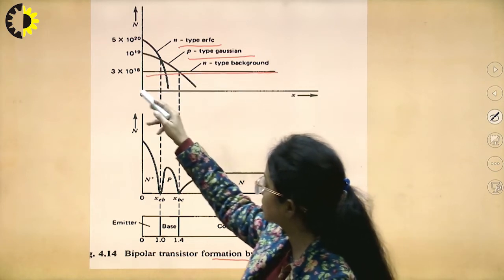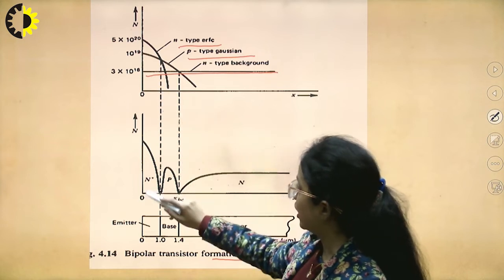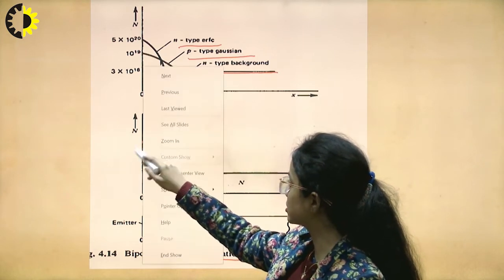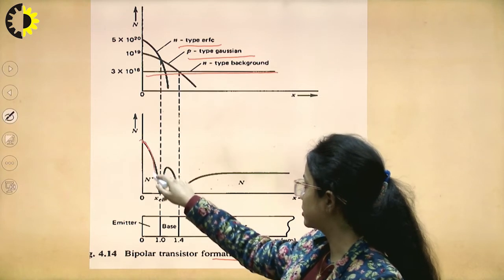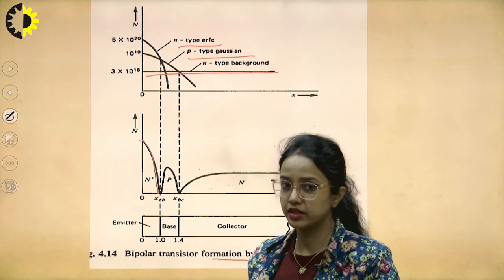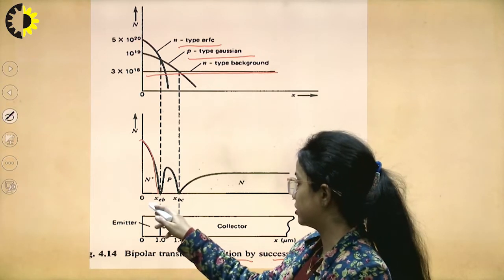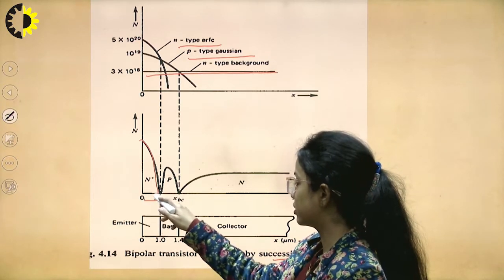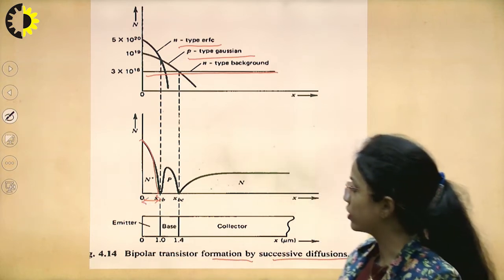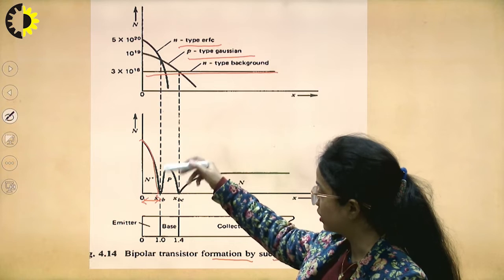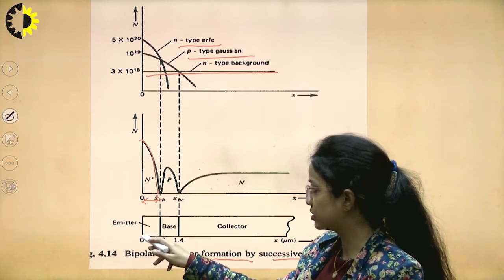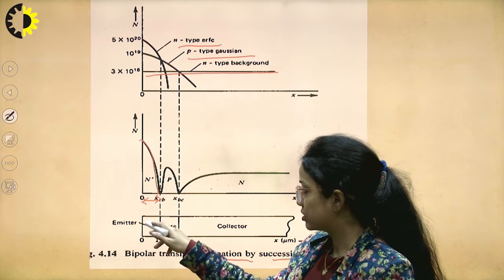Here is the impurity concentration, and for n-type we can see that it starts and falls again, and it only extends until the depth XEB is reached. Now again the p-type doping, when the n-type layer has stopped. So this is n.